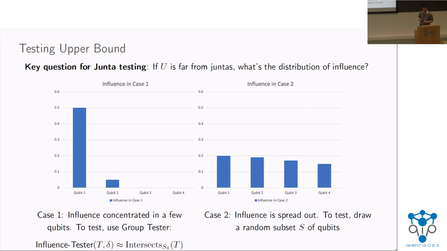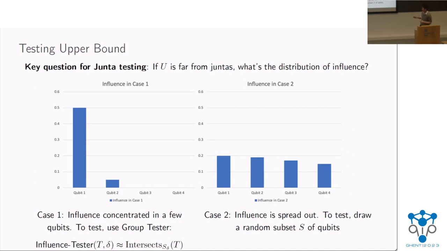In short, in the techniques, there's roughly two cases. One is where the influence is distributed in such a way that there's a lot of influence in a small number of qubits. That's what you see here. And the second case is where the influence is more spread out. The influence is distributed as something that looks like this.